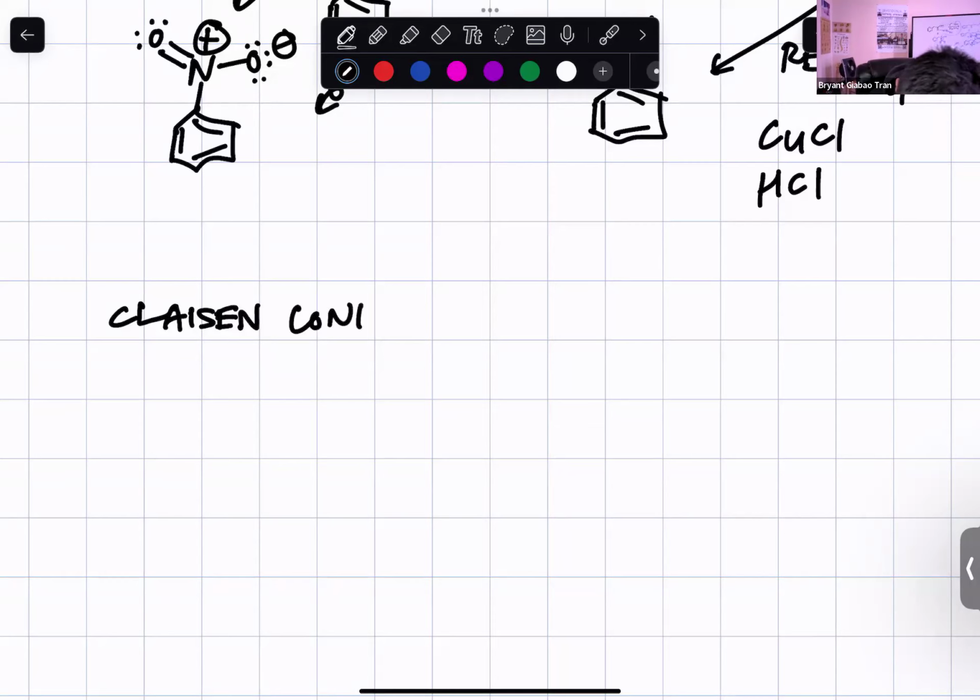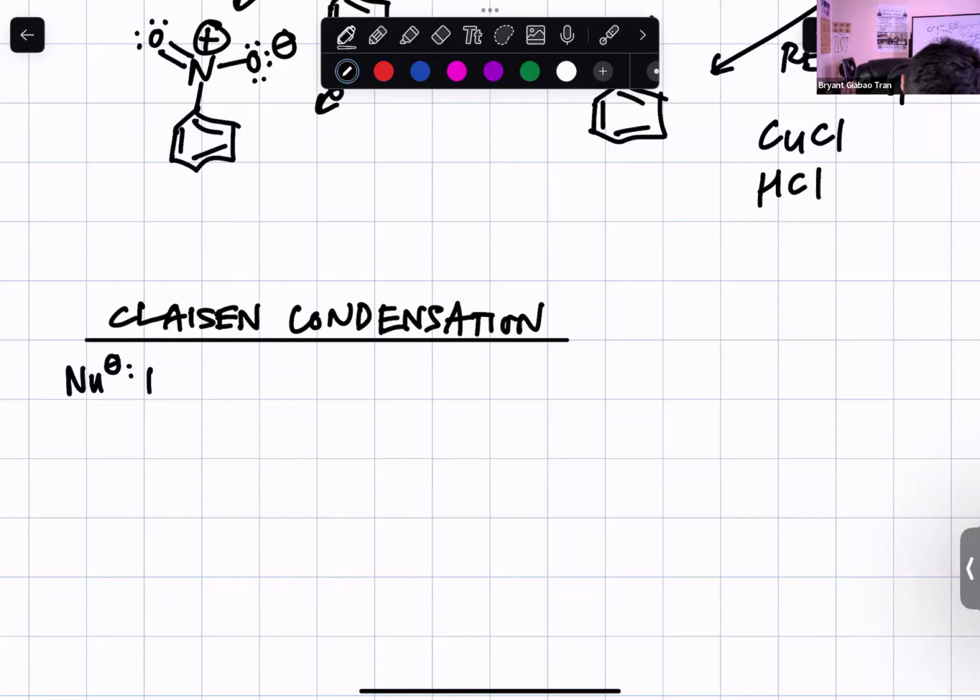aldol condensation from 118B, where the nucleophile is going to be an enolate ion, right? But more specifically, the alpha carbon of the enolate ion.